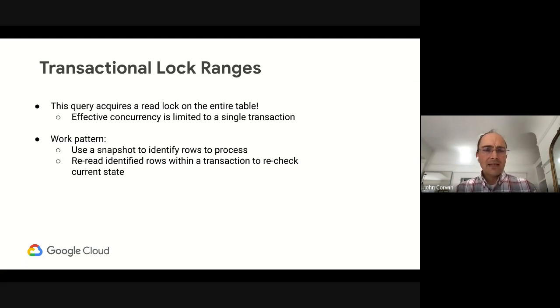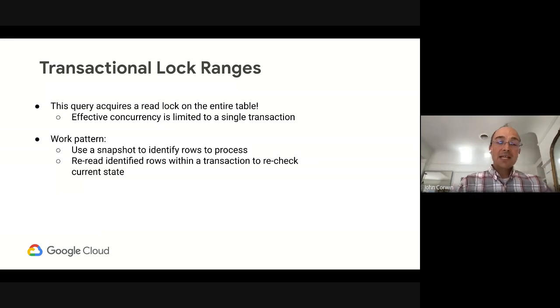So a common pattern that we use, we even use this internally in Spanner's implementation in many places, is that you can use a snapshot query outside of this transaction to identify which rows I want to process. In Spanner, read-only transactions do not acquire locks, so they can all operate concurrently.